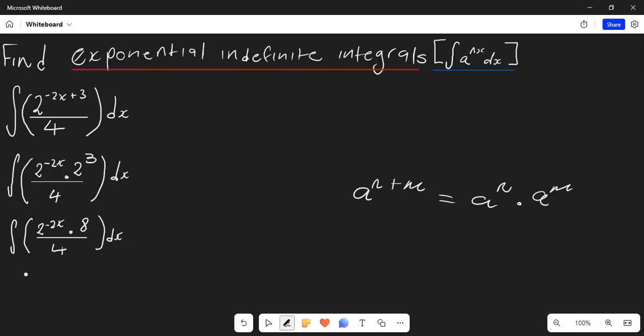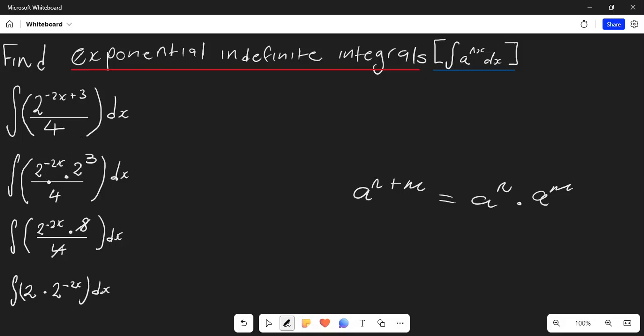All right, guys, so let's continue. So you say 4 into 8, you're going to be left with 2. Can I write that 2 here? So you're going to be left with 2, right? Multiply by what is remaining here, which is 2 to the power of negative 2x. So this is our simplified version of this function here.